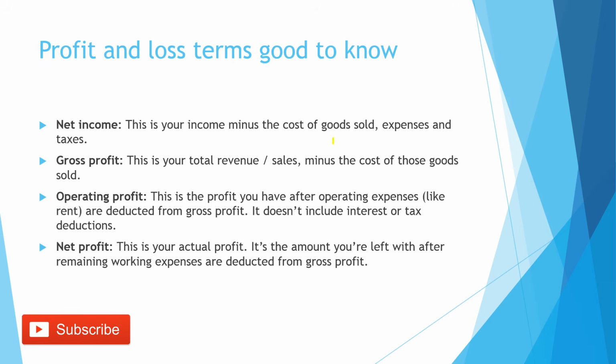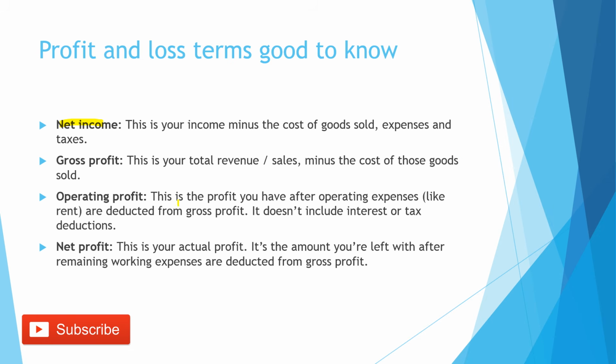That means everything is deducted and the final amount that is left over is net income. Gross profit is your total revenue or sales minus the cost of those goods sold.